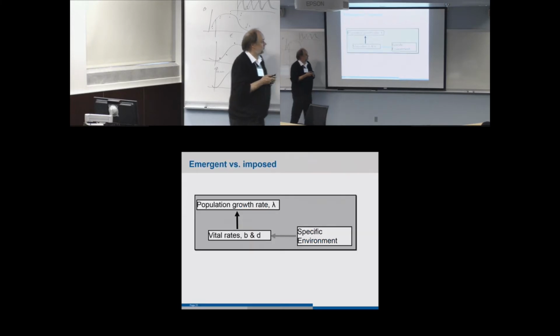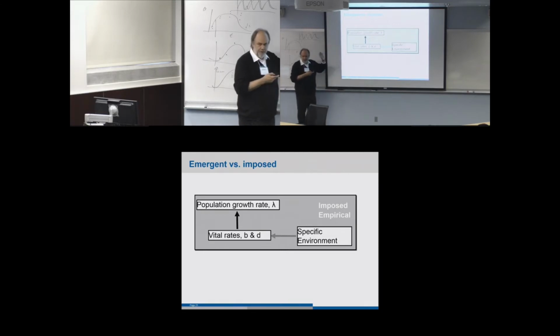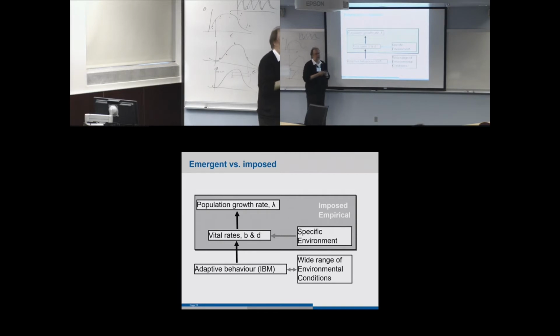And this is an animation for this. Classical population ecology uses the logistic equation, just one parameter, or structured models with age- or stage-specific birth and death rates. But this is, of course, imposed and empirical, and we have to use it in all our models to some degree, for sure. But some models rely on it completely, and then we have to be aware of the limitations. Or you base it on adaptive behavior. It could be dynamic energy budget theory, or a fitness-seeking model where individual organisms in your model try to optimize some fitness function.